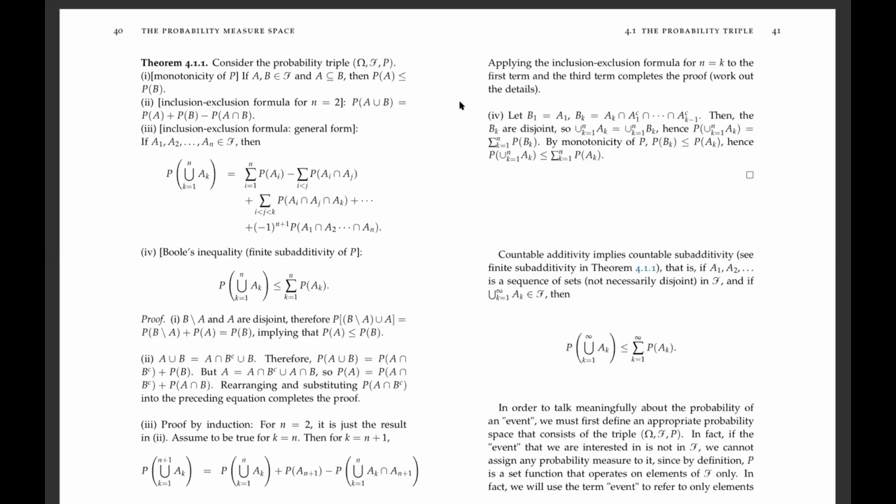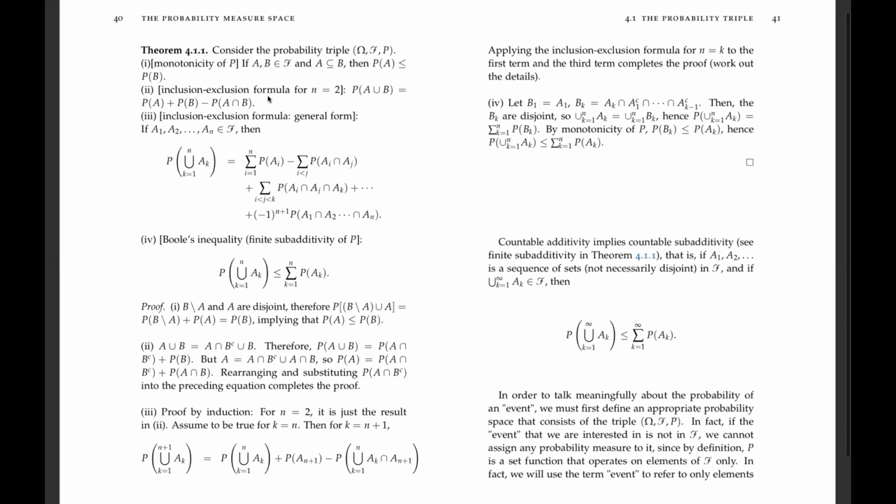Then P of A union B is equal to the sum of the two individual probabilities, then subtract the intersection. Okay, I think a lot of you can remember this by the Venn diagram argument, right? But we'll see how to argue it analytically, right? Below in the proof section.